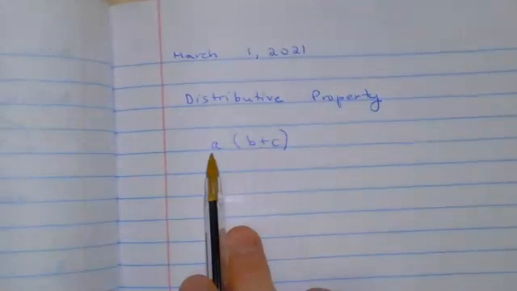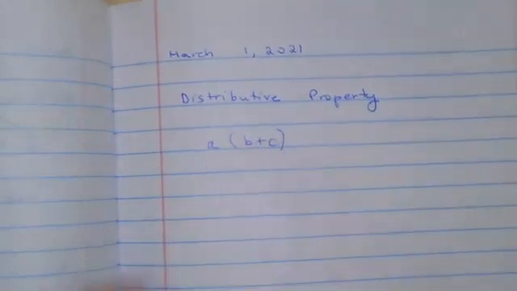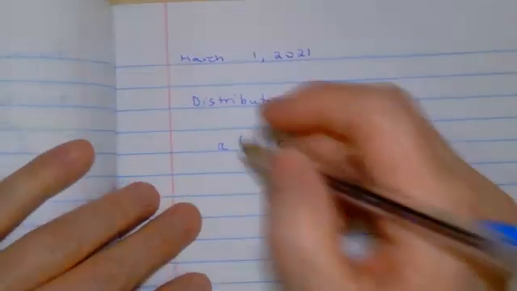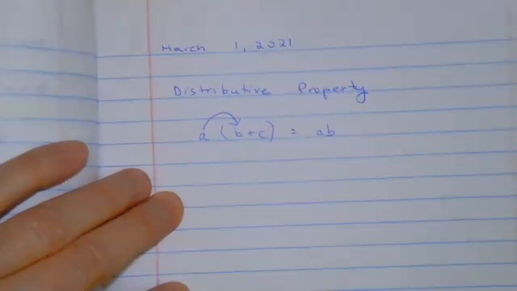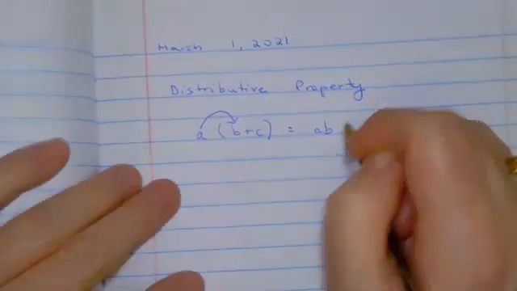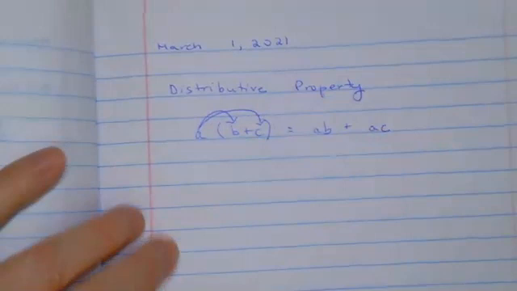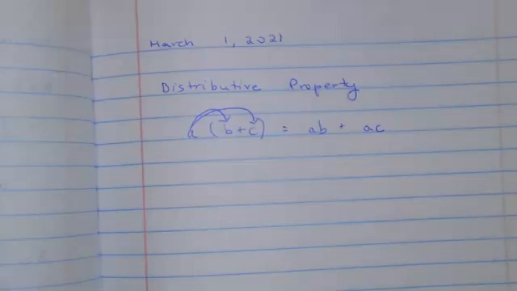We had something times the quantity B plus C. To get the second form, you go A times B, and then the plus sign, and then A times C. We'll use the exact same example that we did in front of class.